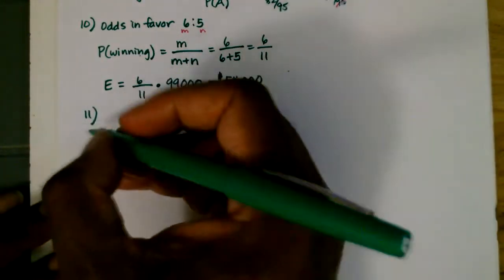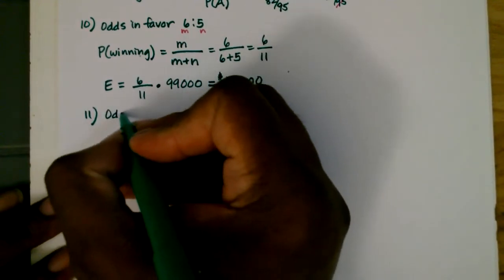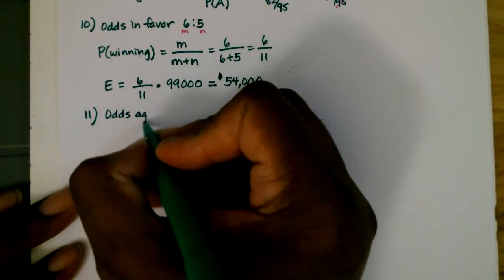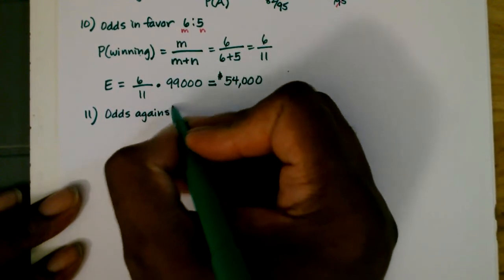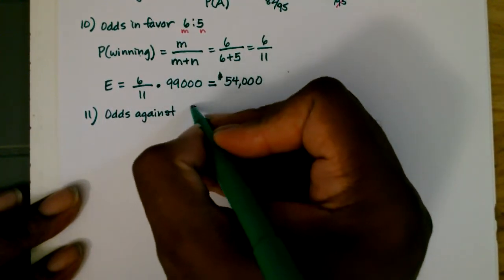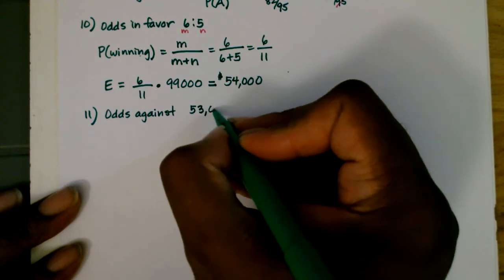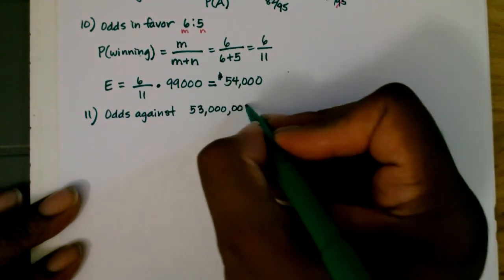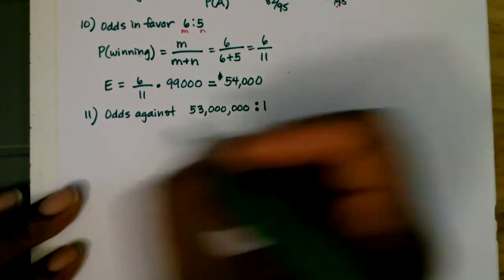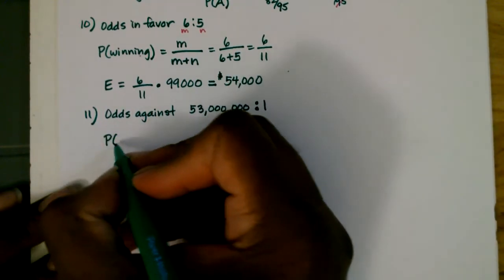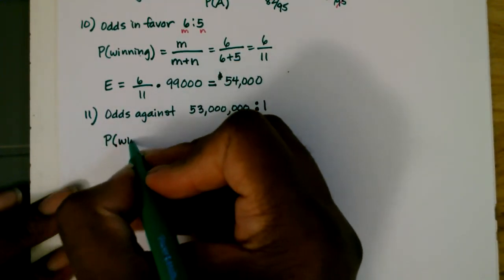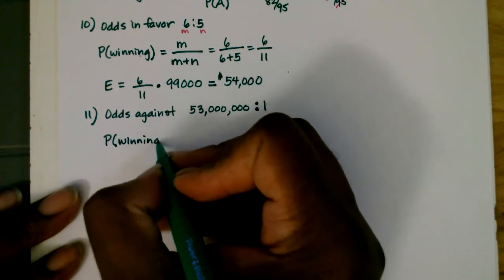So here we're given the odds against. That's 53 million to 1. I'm going to write it like this. And then I want the probability of winning the lottery with those odds.